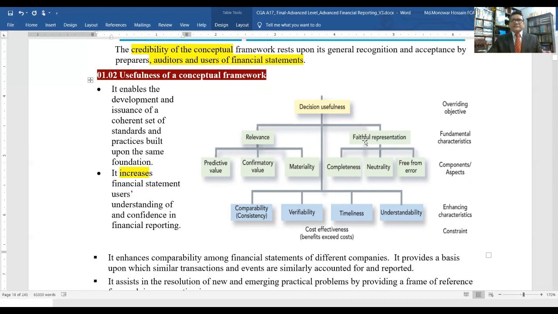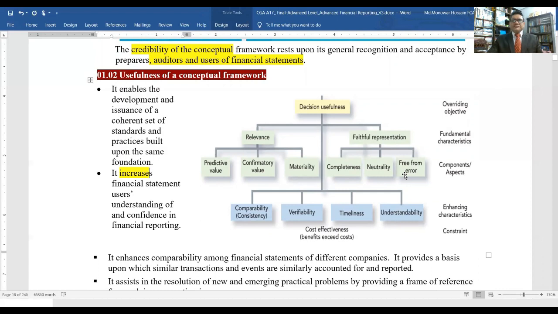If we see decision usefulness, the framework says that financial data should be relevant and faithfully represented. Relevant means predictive value, confirmatory value, and materiality. Faithful representation means completeness, neutrality, and freedom from error.